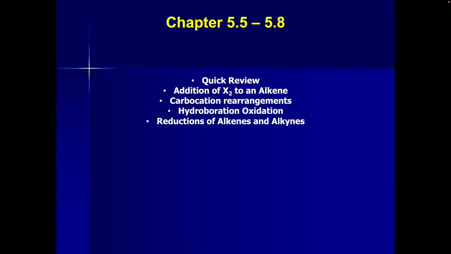Notice I've written these reactions as if they went to completion. Why did I do that? Why am I not showing these as equilibria? Because it really rarely goes the other direction, so we say it doesn't exist. Okay, you're on the right track. I can actually make it go in the reverse. I can, but I have to use different reagents to do that. So technically it is reversible.